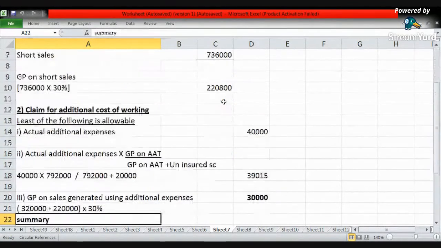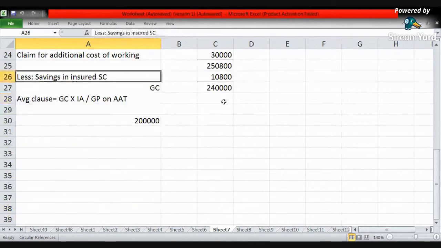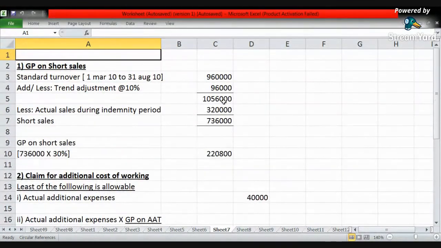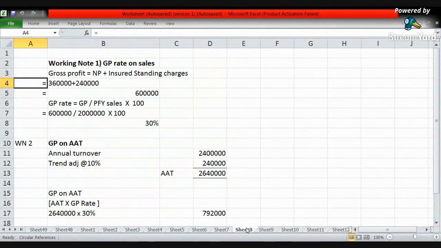For the GP rate, one working note is required. How to calculate the GP rate? For that, the working note should be net profit plus insured standing charge. That is your gross profit. I am taking the formula which you have taken in your notebook just now: gross profit is equal to net profit plus insured standing charge.